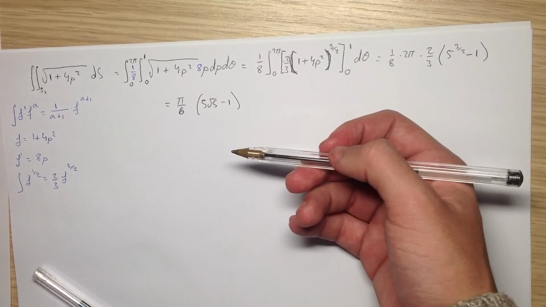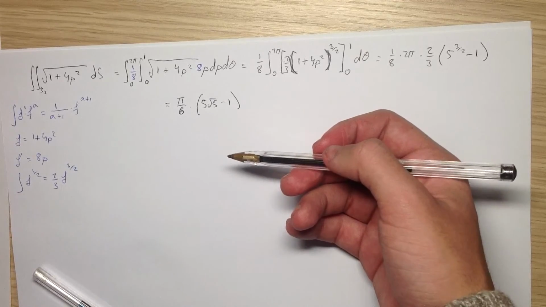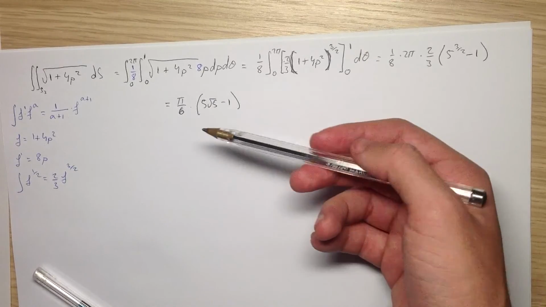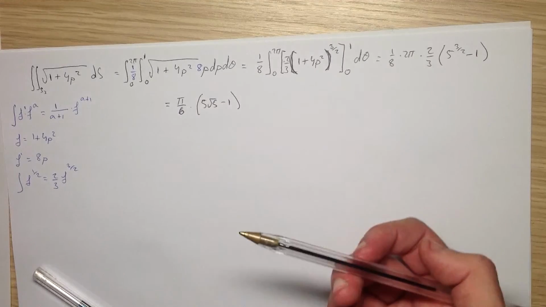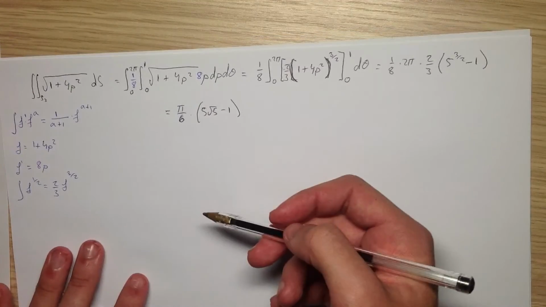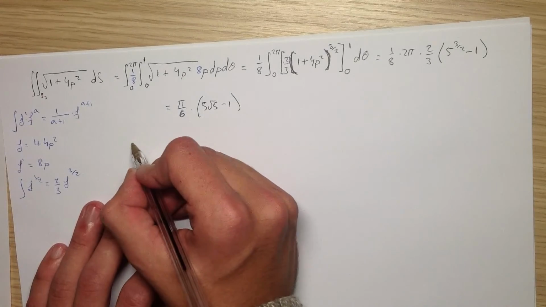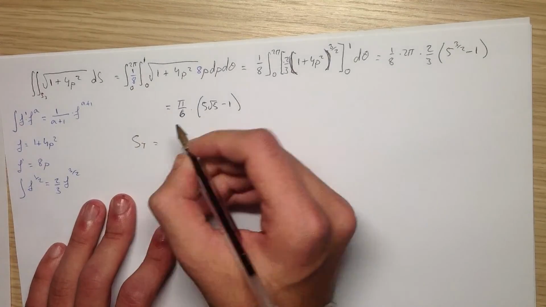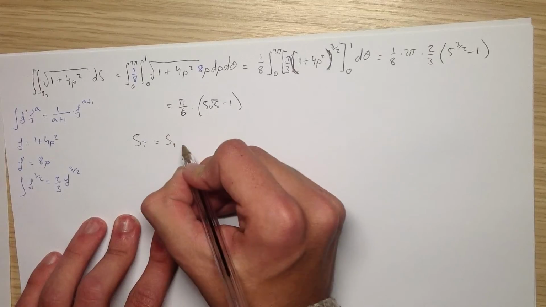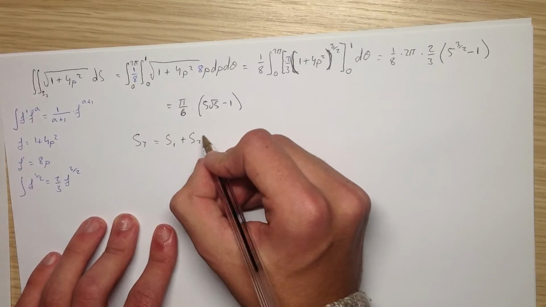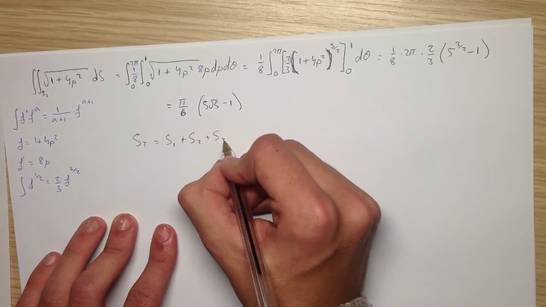Now, if we want to get the total surface of the whole shape, it's obviously a simple sum of all the integrations we've done. So let's call the total surface ST. It will equal S1 plus S2 plus S3.